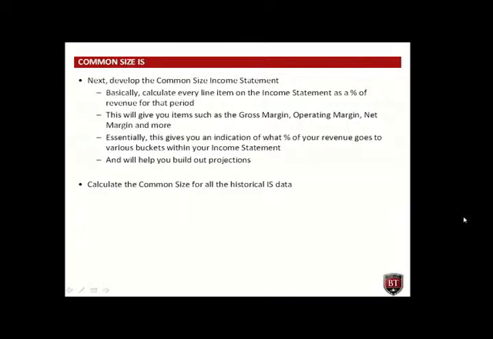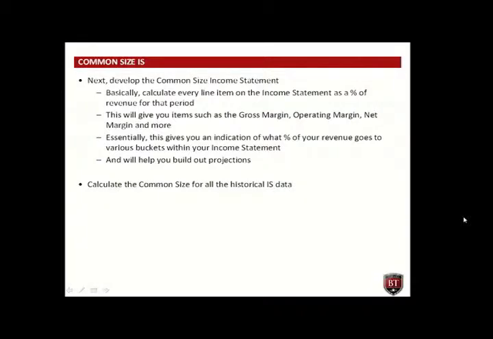So it tells you what the gross margin is, which is essentially the gross profit divided by the revenue. It gives you the operating margin, which is essentially the operating income divided by the revenue. It gives you the net margin, which is the net income after taxes and everything, divided by revenue.